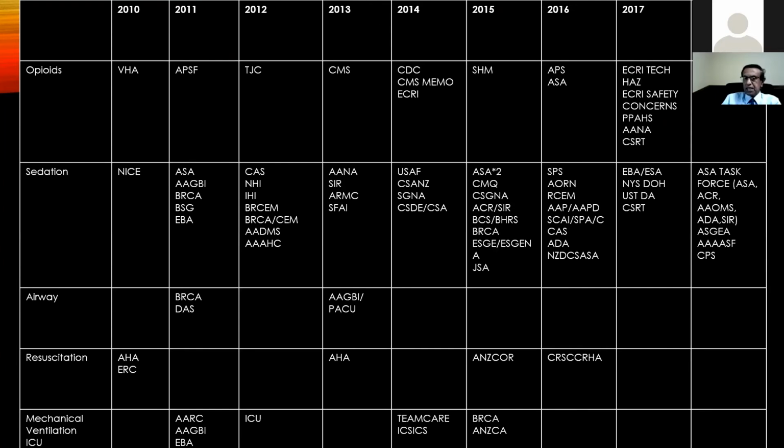Subsequently, many societies across the world, as shown in this slide, have followed suit and implemented capnography in their armamentarium during sedation.